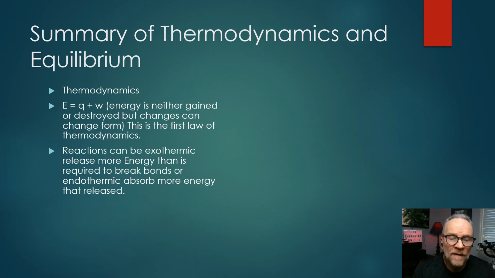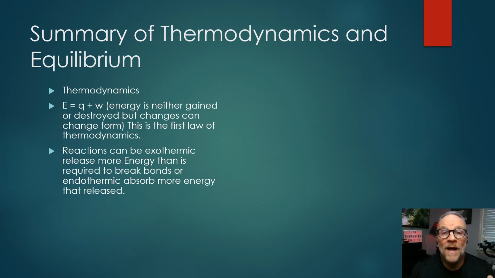And we said that if the reactions are exothermic, we gave them a designation of Q equal to a negative value, or delta H equal to a negative value, which means that the heat is leaving the system into the surroundings. And so in those types of systems, the energy that is created when the bonds form is greater than the energy required to break the bonds.